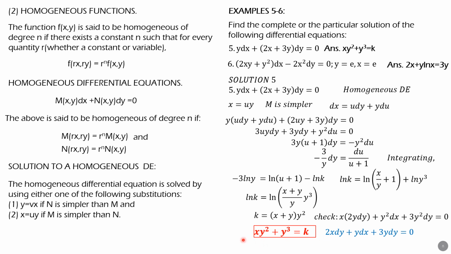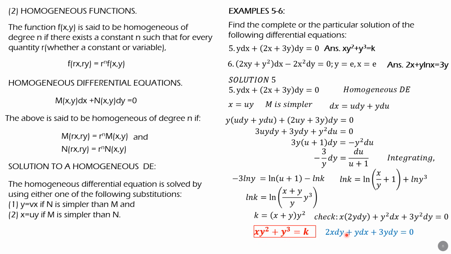And if we divide everything by y, so again, x y squared: x times 2y dy, there is y here, plus y squared dx, then plus 3y squared dy equals k.